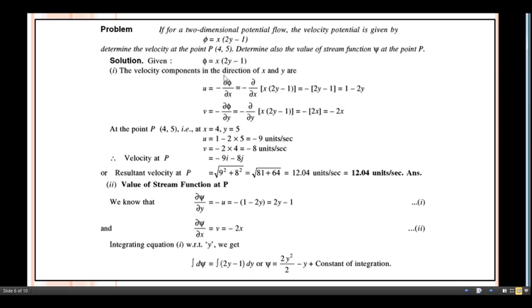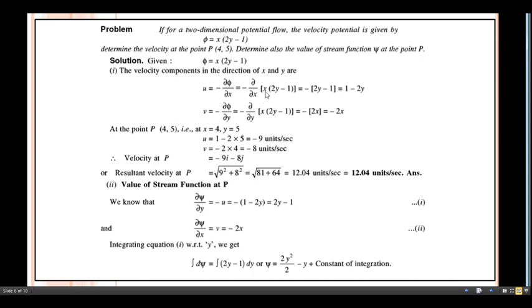The velocity components in the direction of x and y are, so first of all, just get the value for u equals minus ∂φ/∂x. So what's about this φ? φ is already with us here. Just write it here and differentiate this term with respect to x.